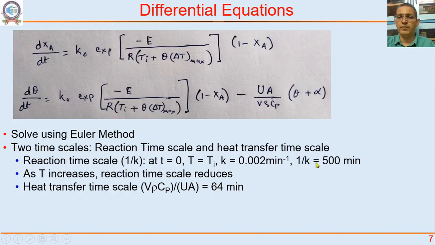What I want you to do is plot how theta changes with time and how xa changes with time. Plot this for yourself. Solve it for yourself. Then only go forward. Pause the video.